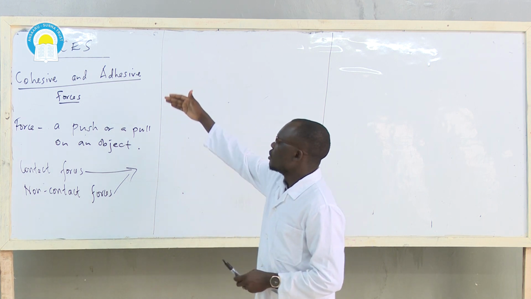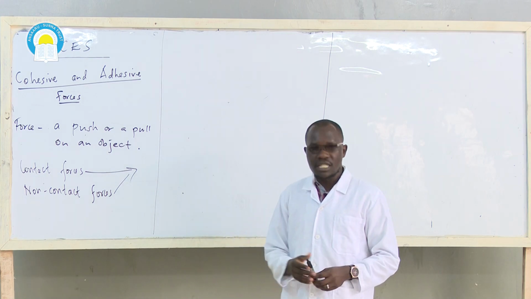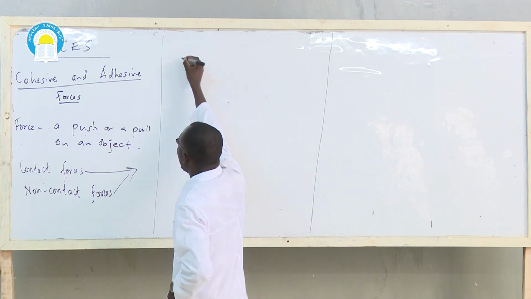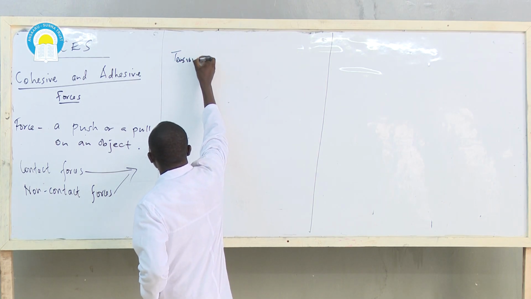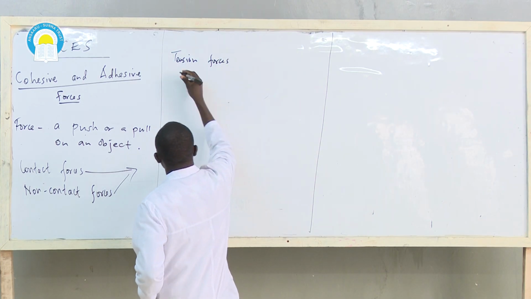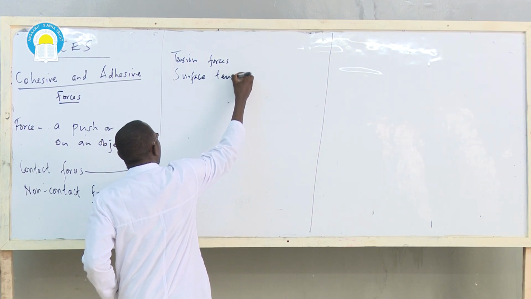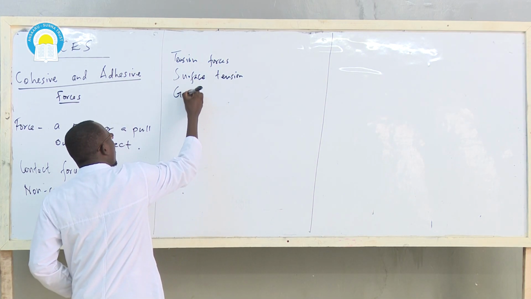Then we narrowed down and looked at examples of forces. We have so many examples of forces. And we gave a list of examples of forces. We talked of tension forces. We have surface tension. We have gravitational force.